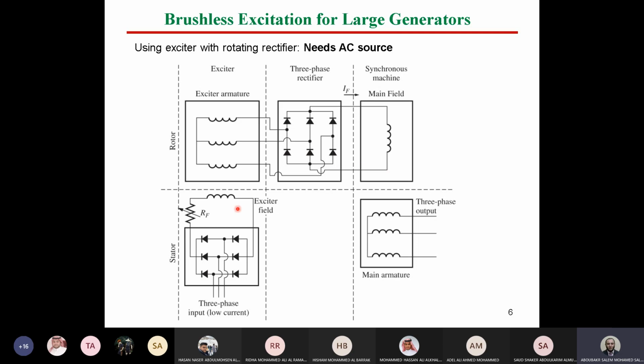In this way, we transfer the power from the exciter stator part to the armature part without any connection, just by induction and converting AC to DC by means of a rectifier. So in this way, guys, we did not use any brushes. Okay, any questions?